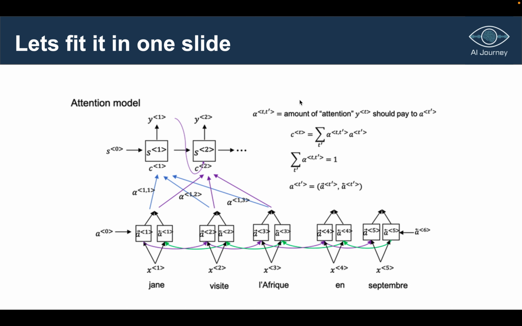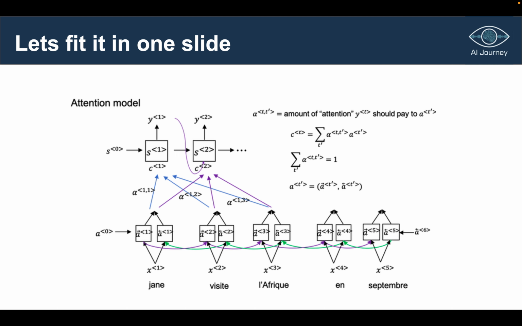The way we're going to do it is that we assign some parameters alpha t,t prime, and alpha t,t prime tells us, when generating the token yt, how much I'm paying attention to xt prime. Specifically not xt prime, it's a t prime, which is the activation at the timestamp t prime.